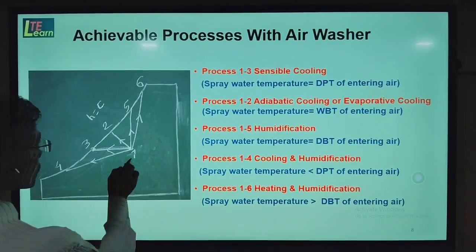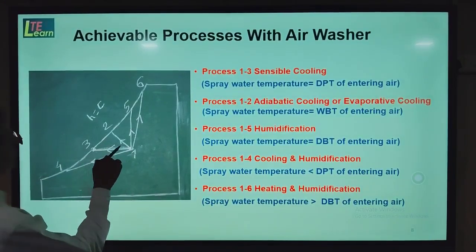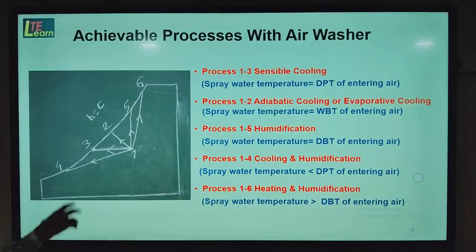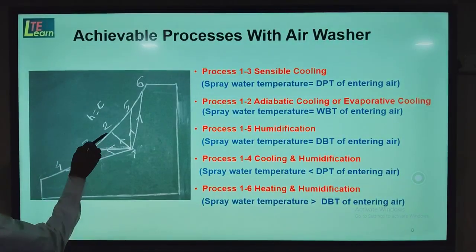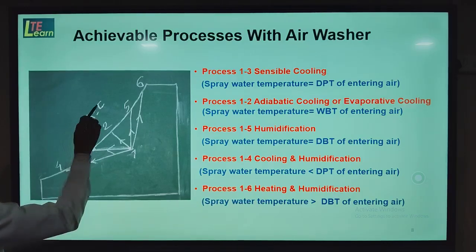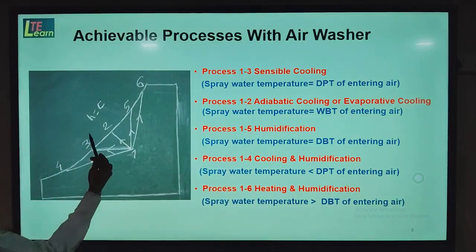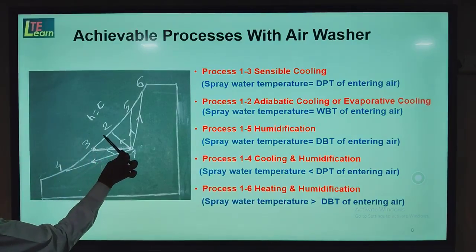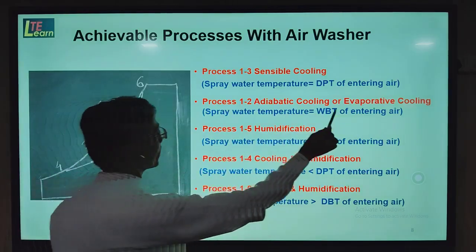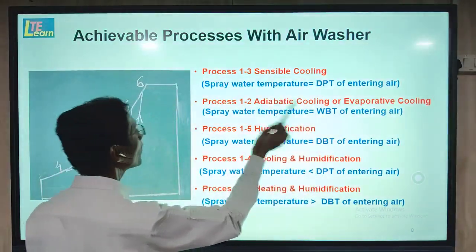Here on the psychrometric chart, as we discussed in the last video session also, when the process is carried out with the condition in which enthalpy is not changing, that process is called adiabatic. So this is adiabatic cooling, also called evaporative cooling. How is this process obtained?